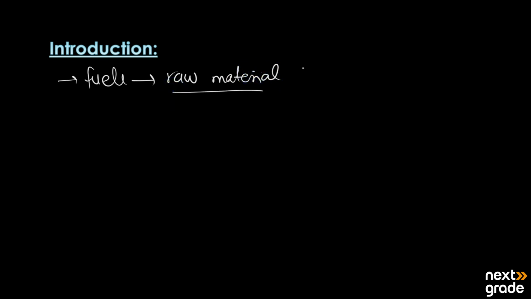We will learn about the uses of hydrocarbons, where hydrocarbons are used. Hydrocarbons are not only used as fuels, they are also used as a raw material for many syntheses, industrial processes and industrial products.